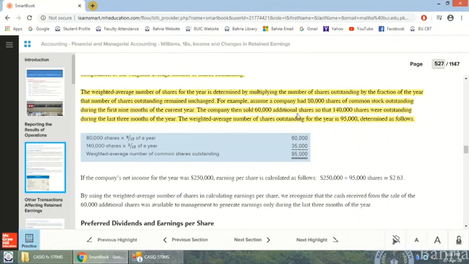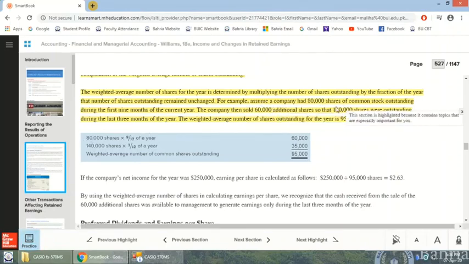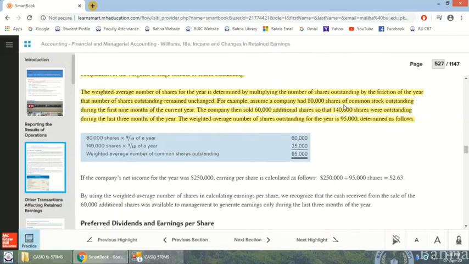And 80,000 was for 9 months. The total of 140,000 shares was outstanding for 3 months, but before that it was only 80,000. So for 9 months you had 80,000, and you multiply and get 720,000.